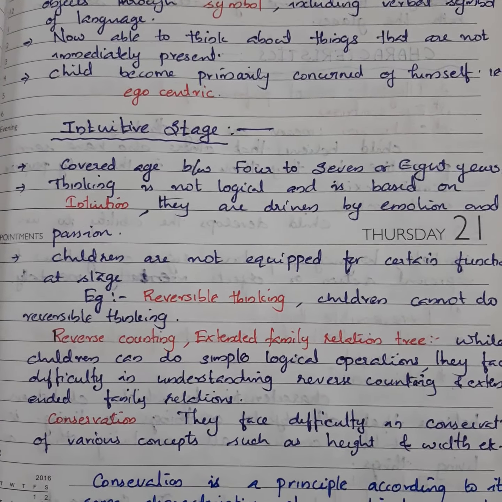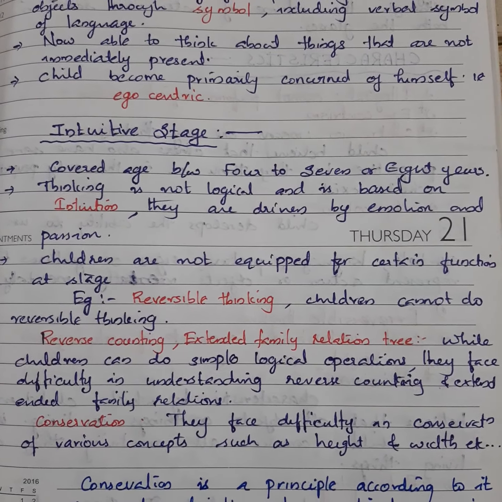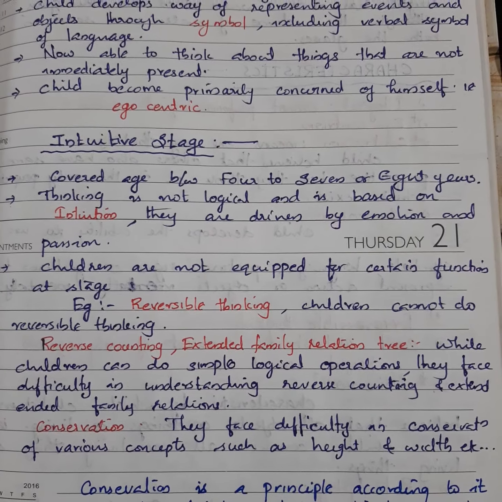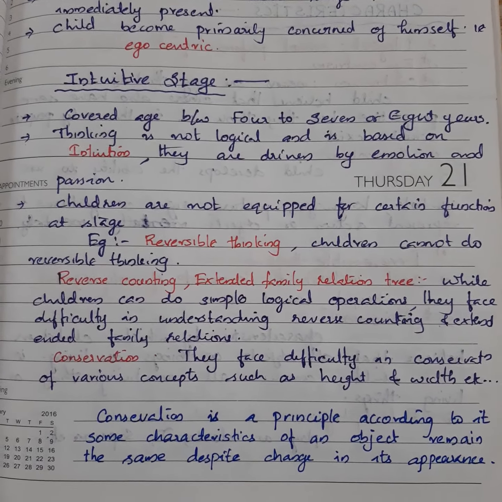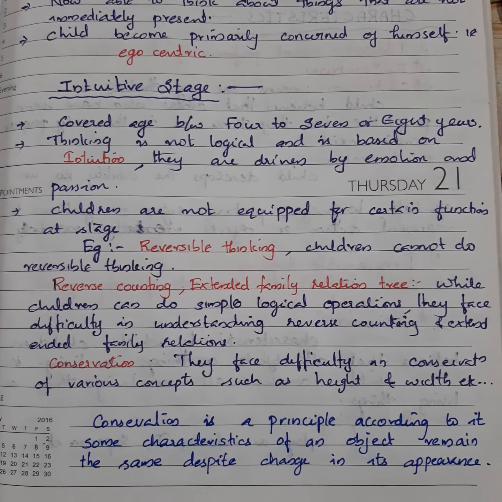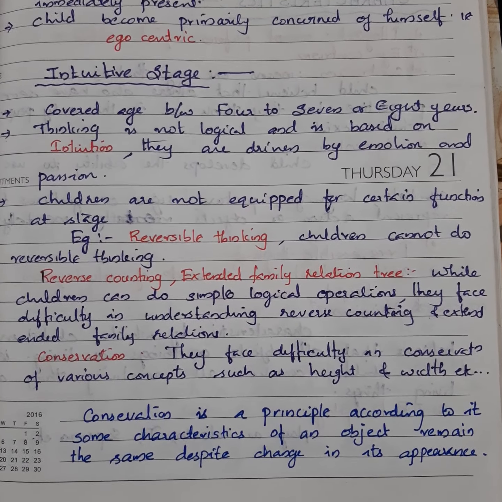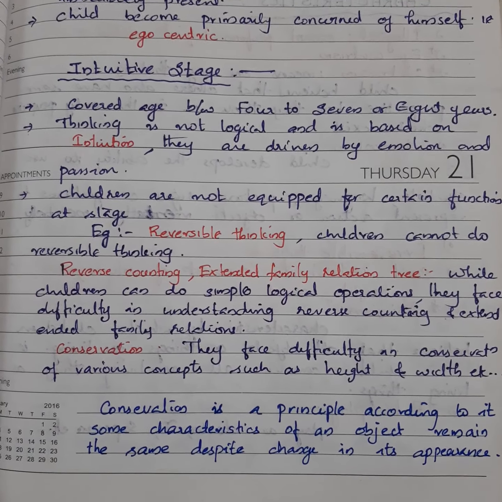Here, thinking is not logical and is still based on intuition, which is driven by emotion and passion. Here, children are not equipped for certain functions at this stage. An example is reversible thinking, which means children cannot do reversible thinking.